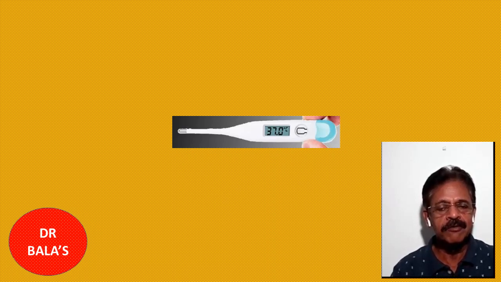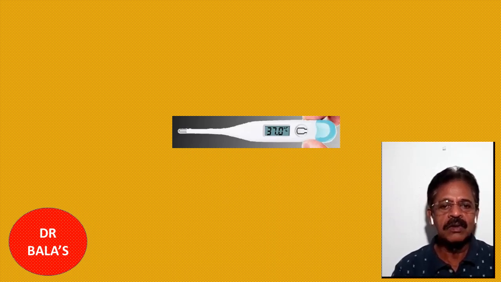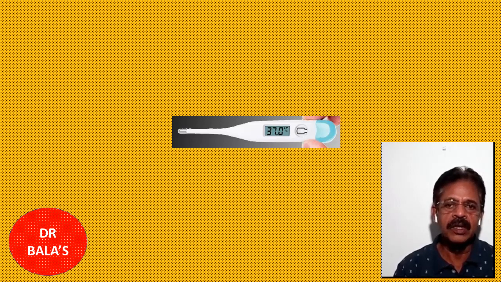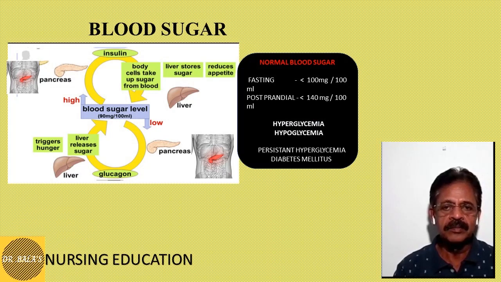Pyrexia is a medical term for fever. If the temperature continues to rise, you call it hyperpyrexia. If it further increases, the person will go for a heat stroke or a sunstroke, which is nothing but severe dehydration and death.